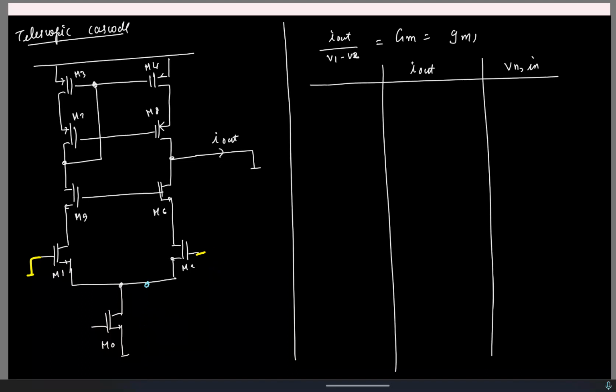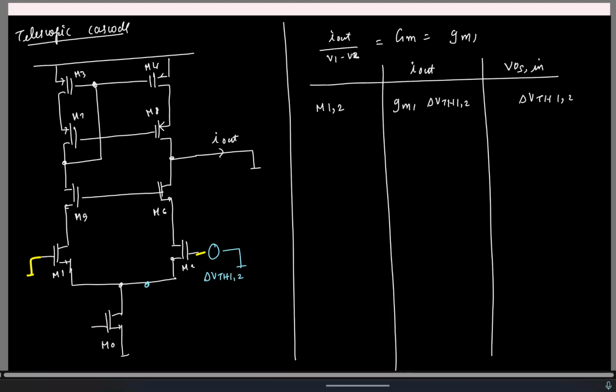Sorry, mismatch like this. Right. So what do you think the output current will be? GM1 times this guy, so it's straightforward. So the input referred offset voltage, this is VOS in. This is delta VTH12. It adds up as usual.